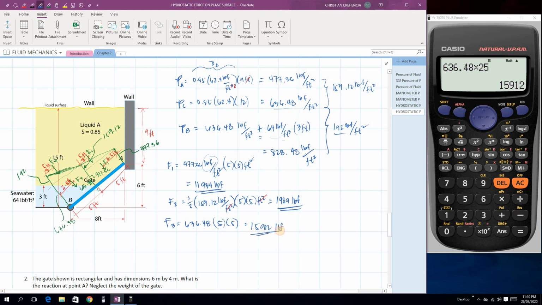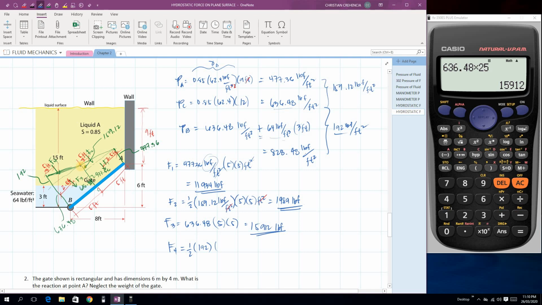Okay. So, last is F4. Okay. So, triangular load. So, we have 1/2 nung height. Height natin is 192 pound force per square foot yan. Multiplied by area na yun pa rin. 5.